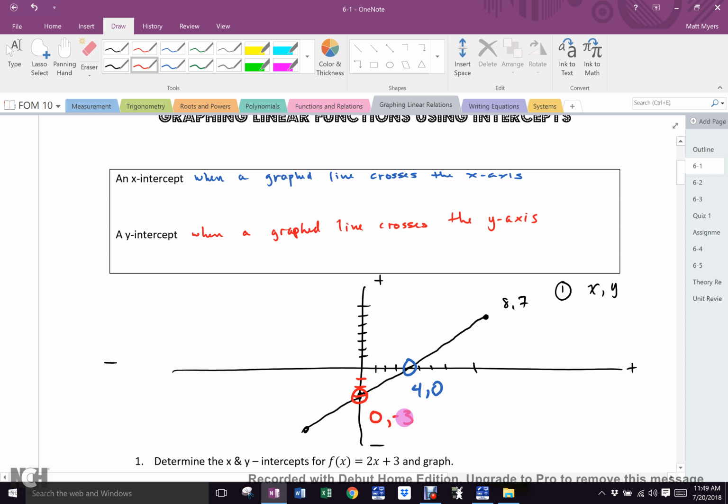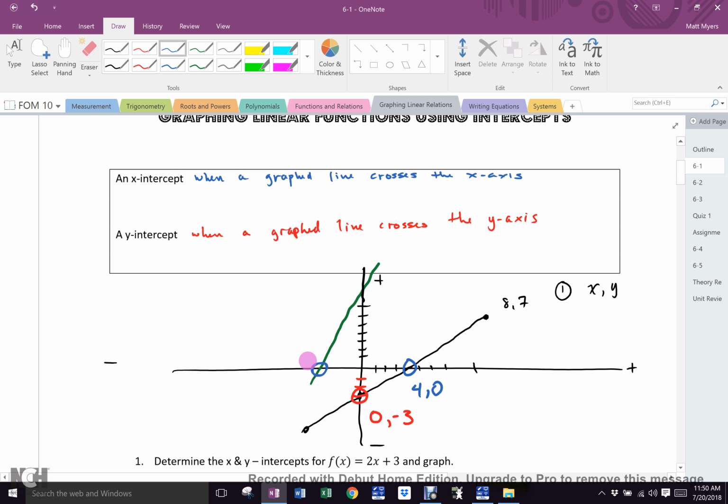Is everybody good? All right. Now, I'm going to draw a green line. I'm going to draw it there. What do you know about that value? What do you know about it? Do you know its x value or do you know its y value?